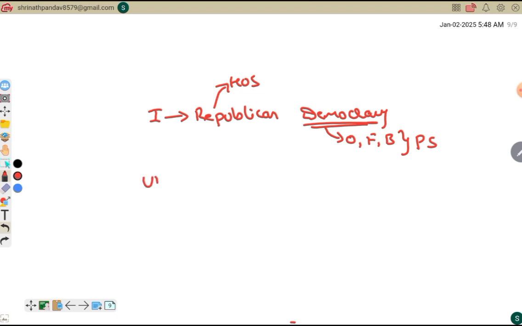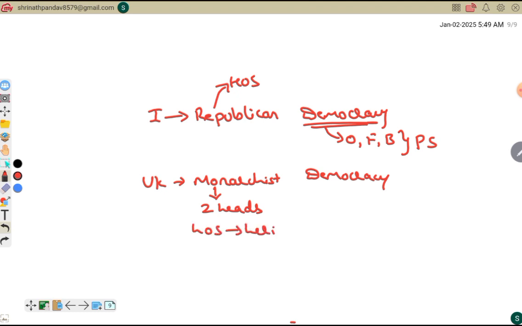And the UK falls under the monarchist democracy. Here there are two heads. The head of state is hereditary and there exists a head of government.